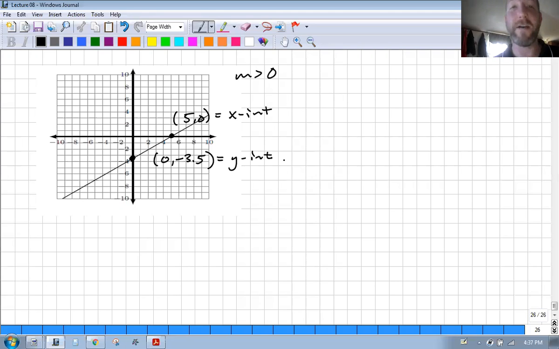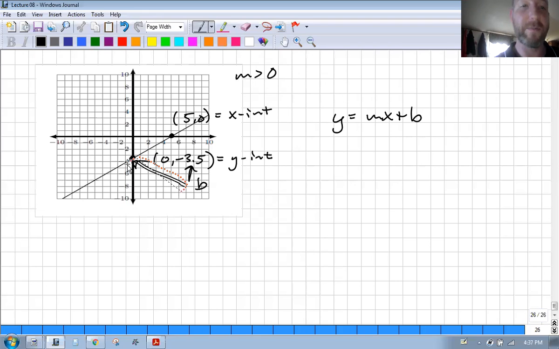Just looking at the graph, I can tell you what the formula is. y equals mx plus b, right? That right there is our b. Actually, it's 3.5. Well, -3.5. That's our b.